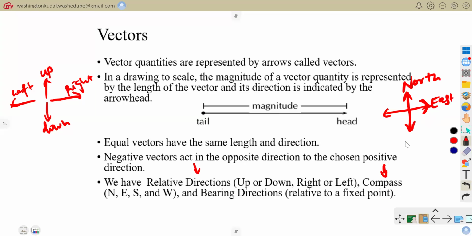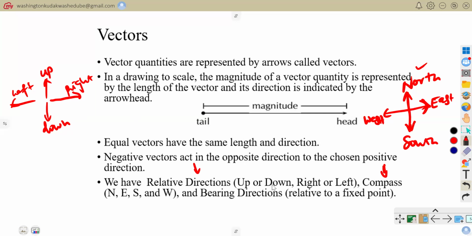And then the one that points down becomes your south, and the one that points left becomes your west. So that is how you can choose to represent or refer to your direction. You can either use the notation of the compass, which is north, east, south, west, or else relative direction, which is up, right, down, left.